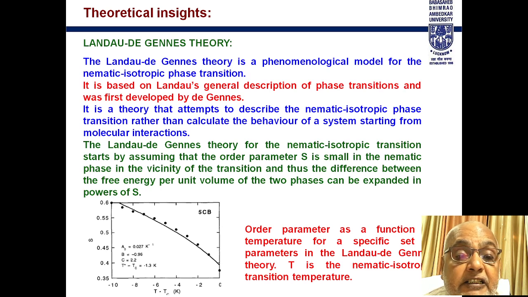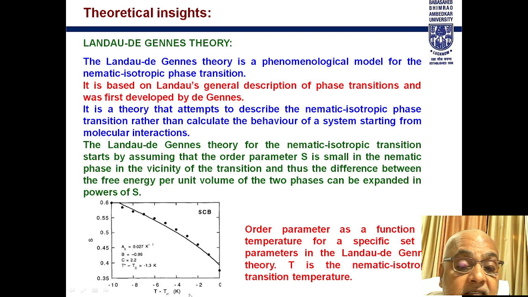The Landau-de Gennes theory for the nematic isotropic transition starts by assuming that the order parameter S is small in the liquid crystal phase in the vicinity of the transition, and thus the difference between the free energy per unit volume of the two phases can be expanded in powers of S.